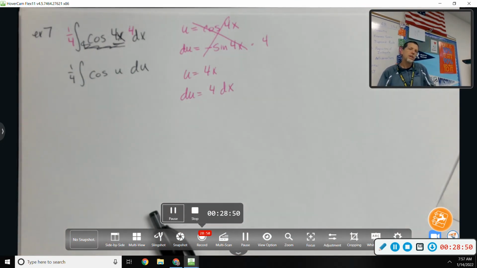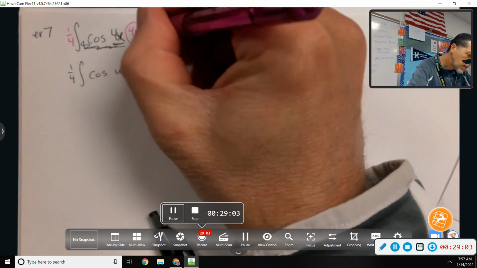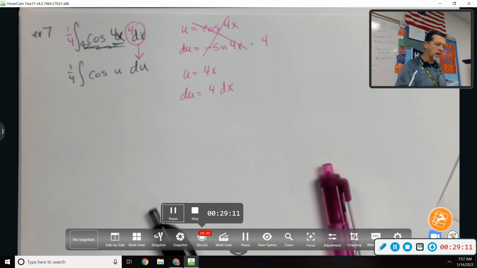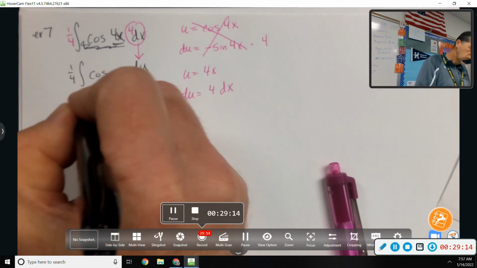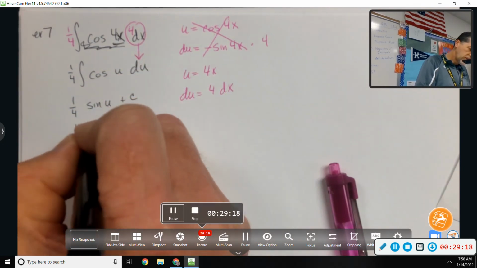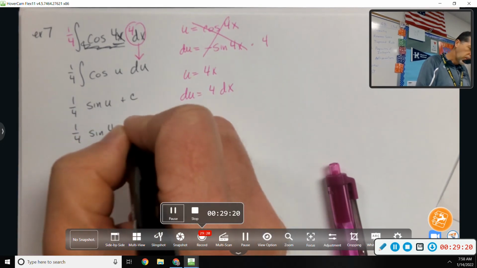Okay, what's the antiderivative of cosine? This 4 dx is du. Yes, and the integral of cosine is sine. So 1/4 sine of u plus c, 1/4 sine of 4x plus c.